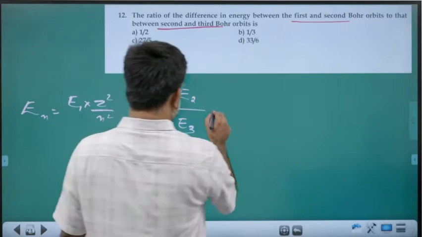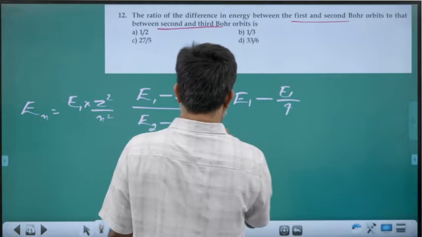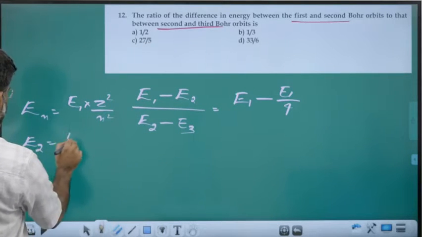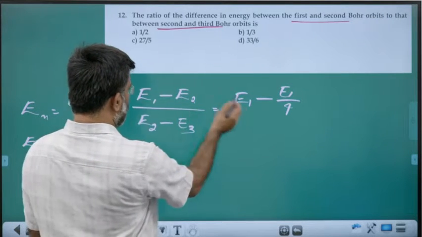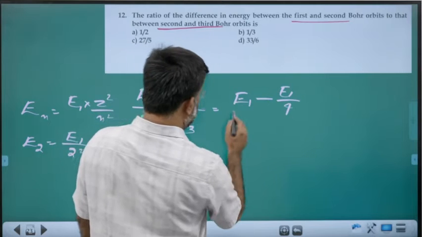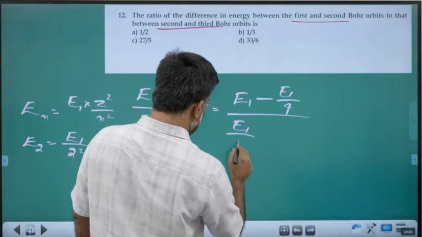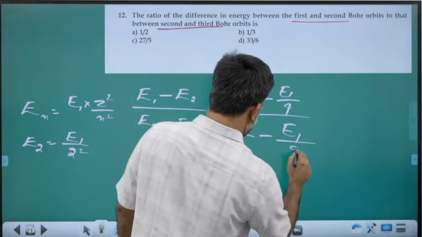So the value will be E1 minus E1 by 4. You see, E2 is equal to E1 by 2 square, that is E1 by 4, minus E1 by 3 square, that is E1 by 9.